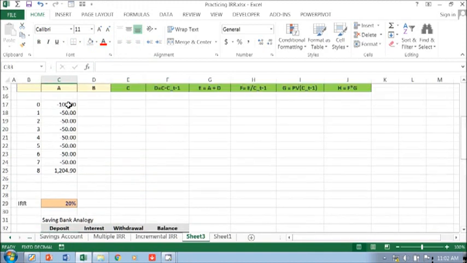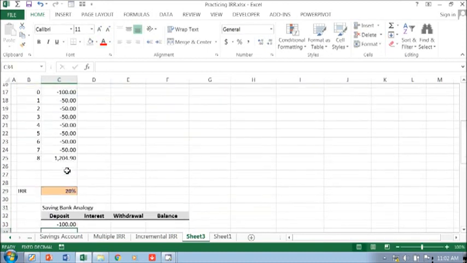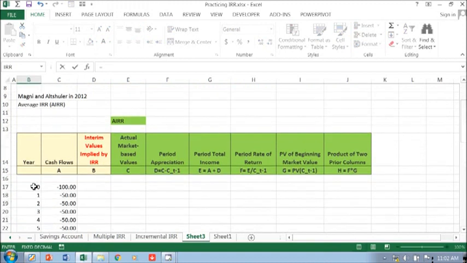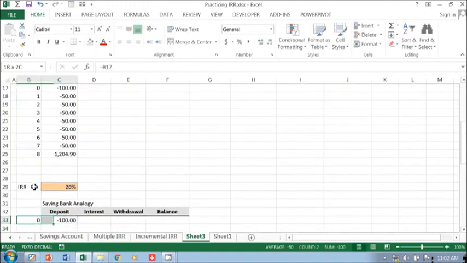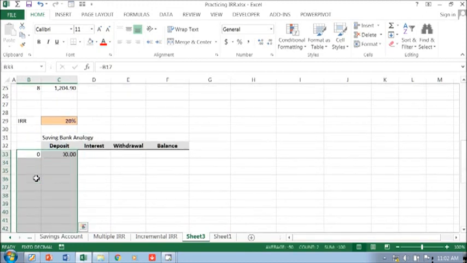I will copy it here, or you can just link it if you want. And then for the period, the same for the year, I just link it and then copy down.